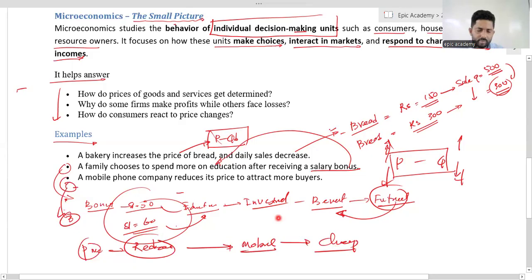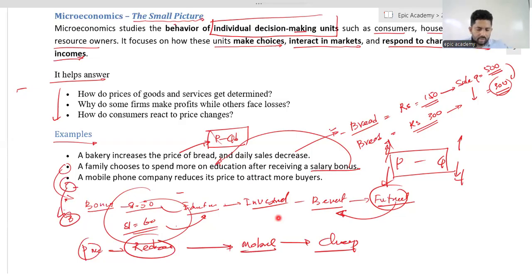So then what happened? People are attracted to that particular mobile phone. The buying quantity of this particular mobile can increase because it is cheaper than the others. That is why it happened.